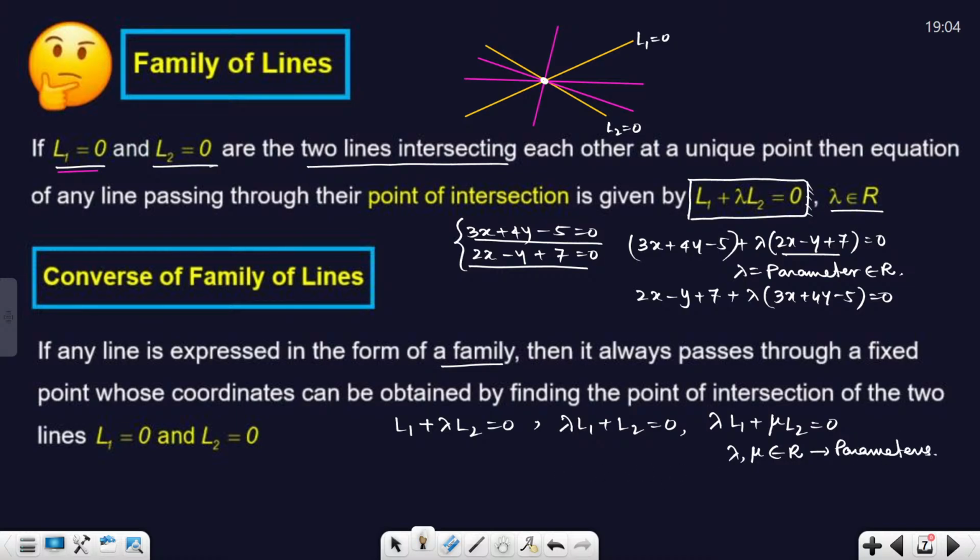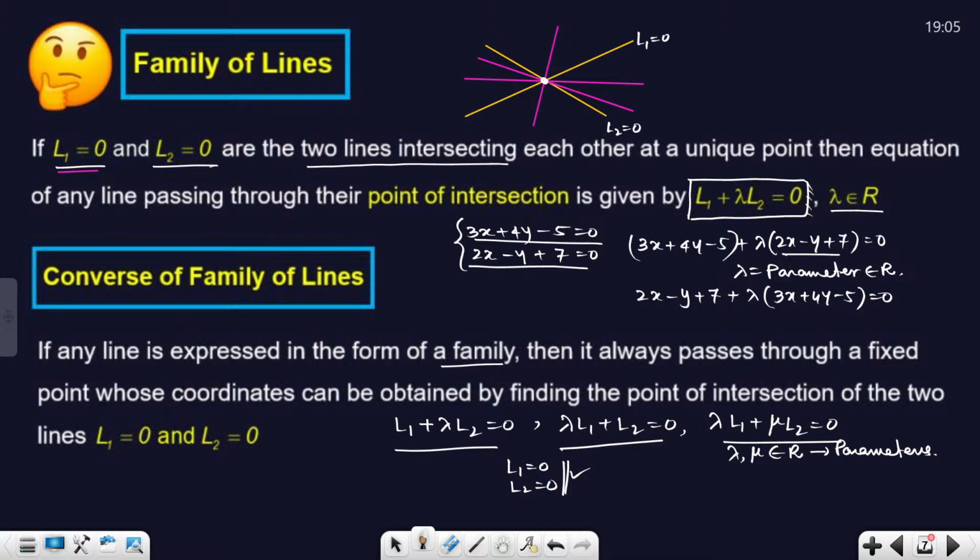Then the converse theorem states that all these lines are passing through the point of intersection of the lines L1 equals to 0 and L2 equals to 0. That's it. All this family of lines are passing through a fixed point, the point of intersection of L1 equals to 0 and L2 equals to 0.